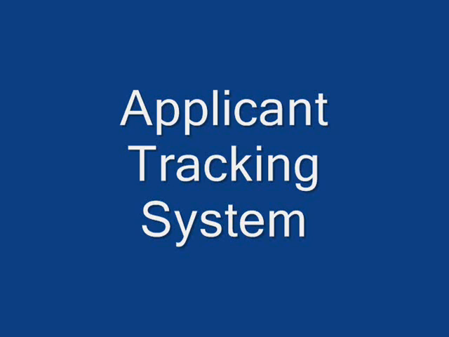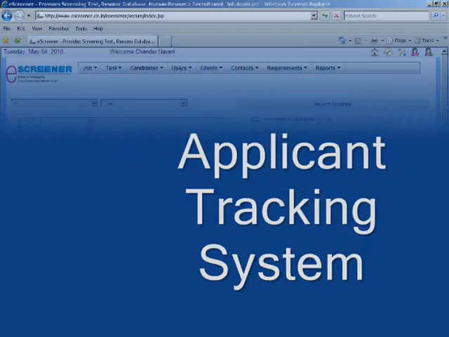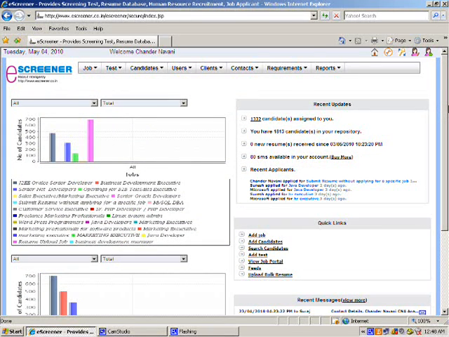Applicant Tracking System. The ATS feature of eScreener allows you to streamline your workflow. Let's log into eScreener and see how it works. After you log into eScreener, it shows you a dashboard. Here it shows you various information about your jobs posted, number of candidates in your repository, number of candidates applied for each job.